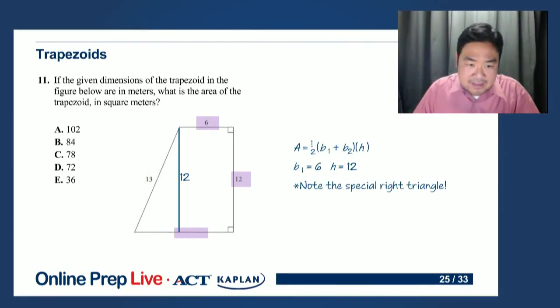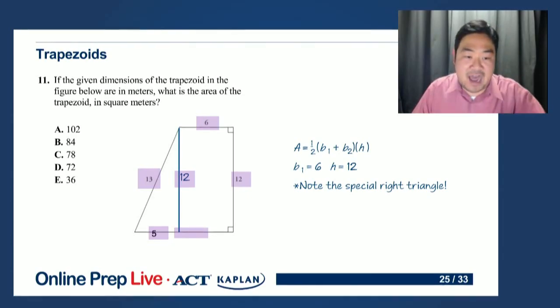If we draw the straight line down there, that's 12. And notice this is a special right triangle. We saw this before. If the hypotenuse is 13 and one of the sides is 12, what's this side going to be equal to? This side is going to be equal to 5 using our special right triangles.